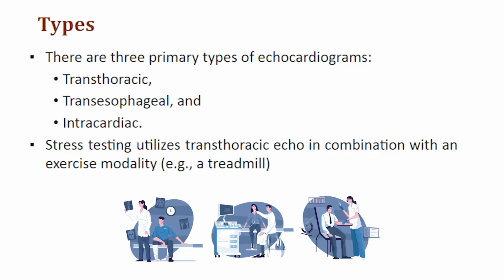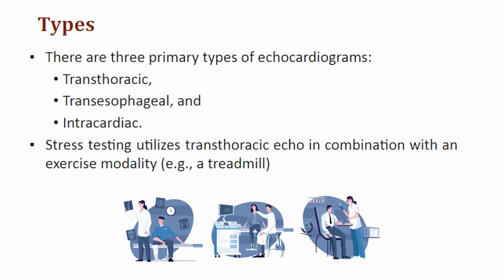Now, next I am going to explain types of echocardiograms. There are three primary types of echocardiograms. First is transthoracic echocardiogram, in short it is called TTE. Second one is transesophageal echocardiogram, in brief it is called TEE, and third one is intracardiac echocardiogram, in brief it is called ICE.